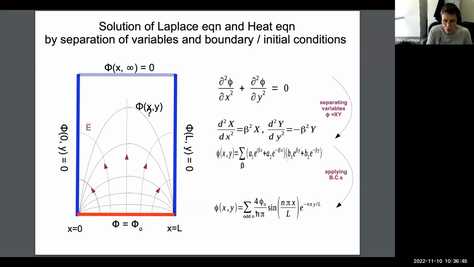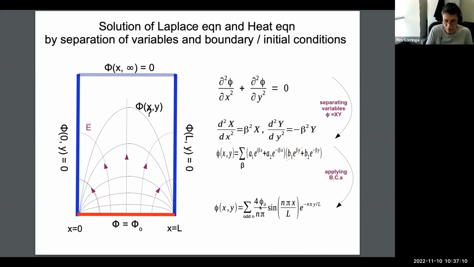Let me make a few comments about it. It's a function of x and y. So it tells us how the potential varies inside the box as a function of x and y. It's dependent on the potential that's applied to the lower plate. The other bounding regions are at 0 volts.